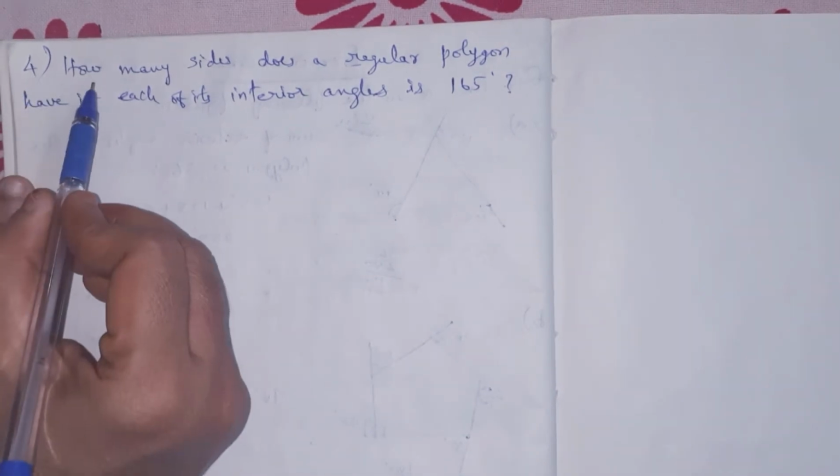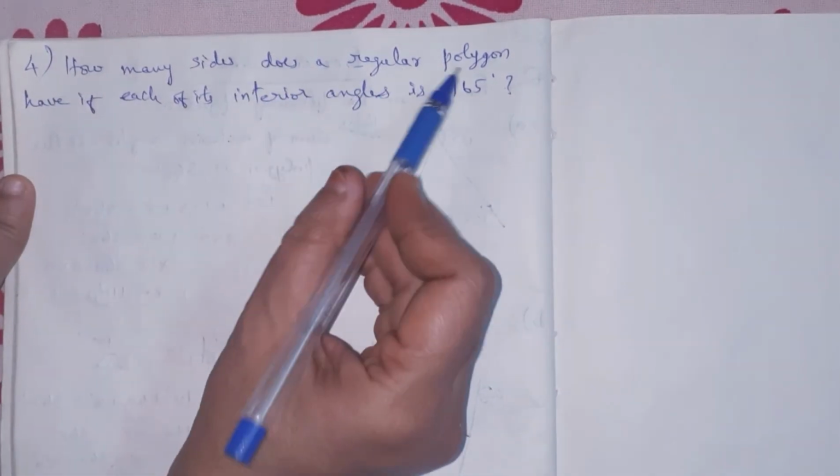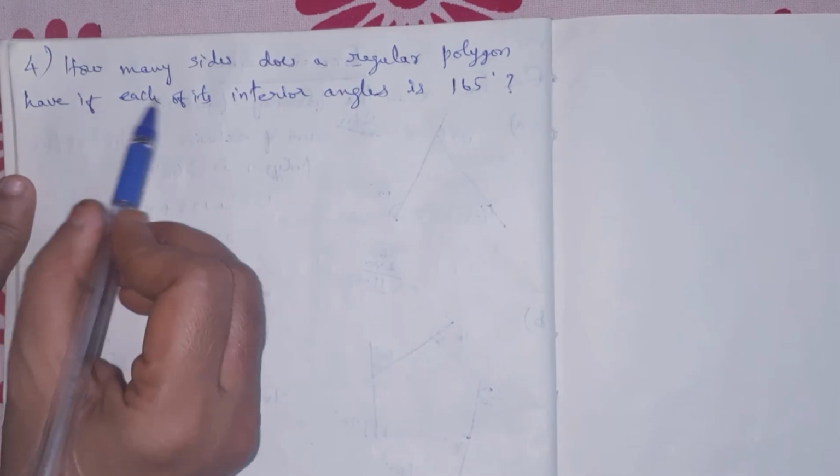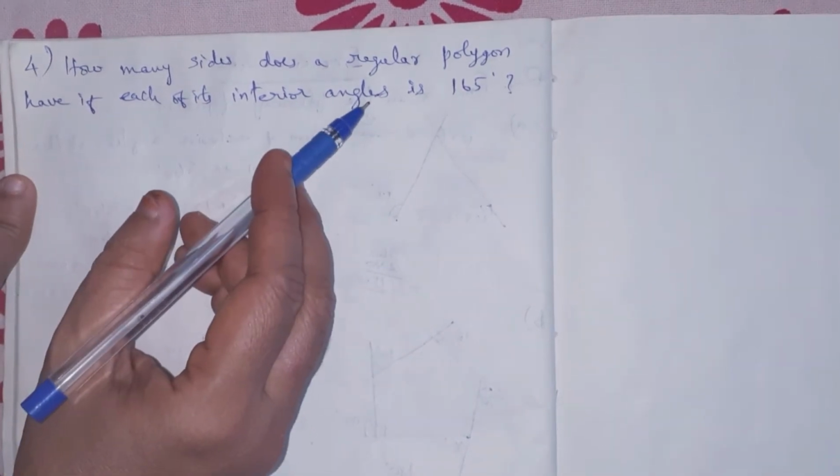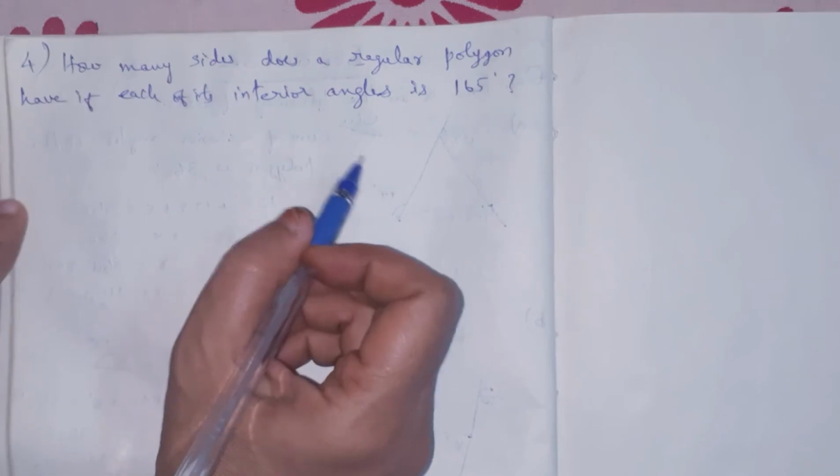Fourth sum. How many sides does a regular polygon have if each of its interior angles is 165?